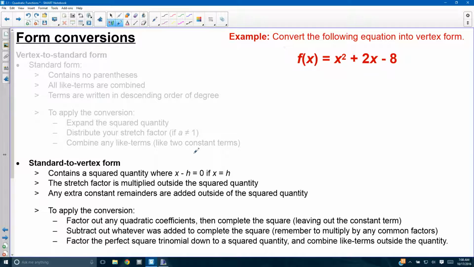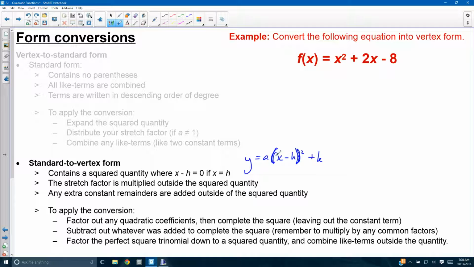Now, vertex form, of course, as we know, looks like this. There's a little more description in it because it's just a little more specific how you have to talk about it. Vertex form contains a squared quantity, this one right here, where you want to get x and h to be kind of true opposites of each other, meaning if you subtract one from the other, you get 0 out.